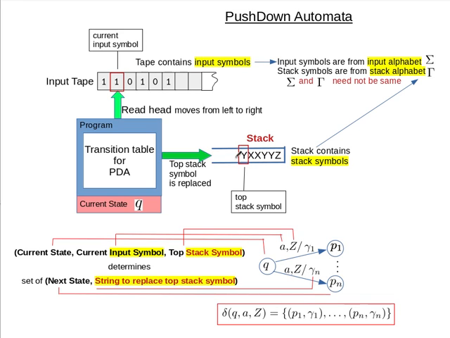So this will be replaced in one time step. Depending on these three things, Q, A, and Z, this will be decided, and the string that is supposed to replace this Z in the stack.